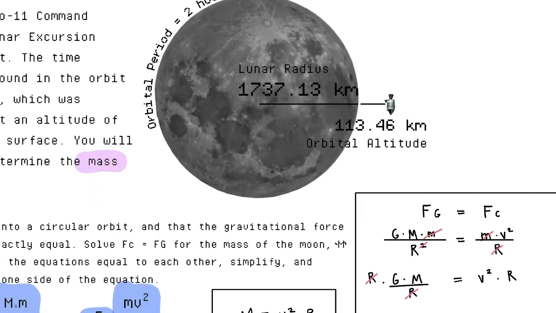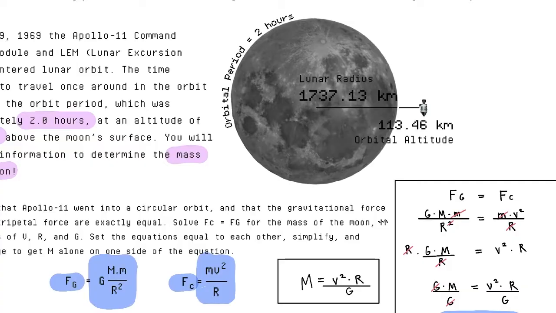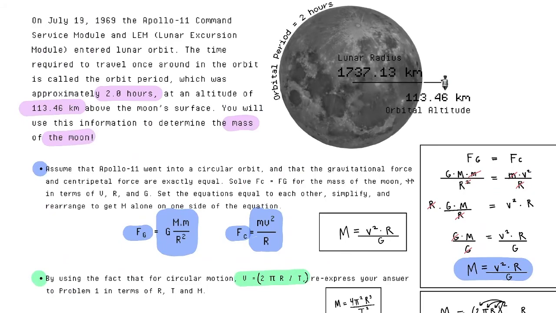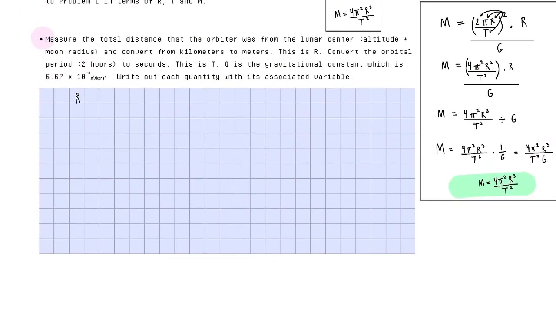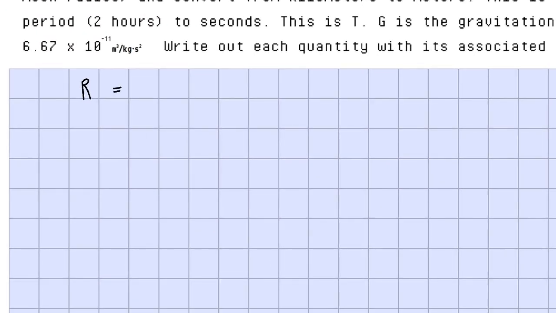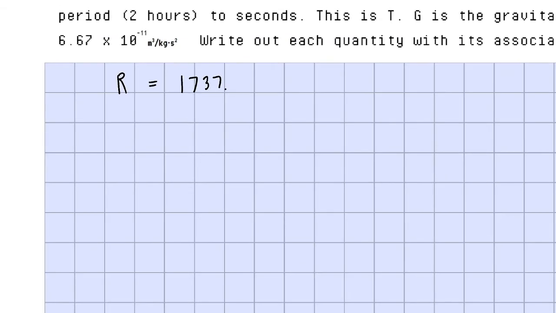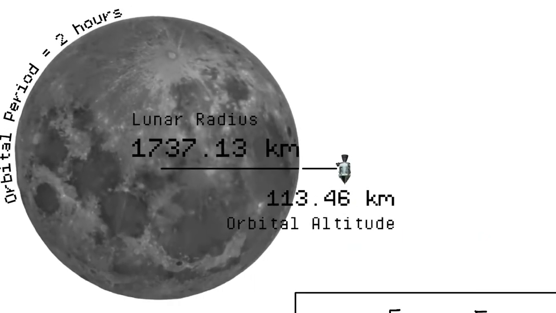So we're going to add 1,737.13 kilometers, plus the distance of altitude, so 113.46.